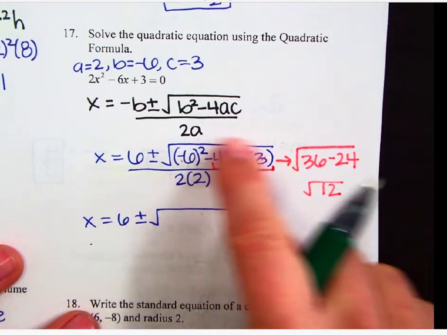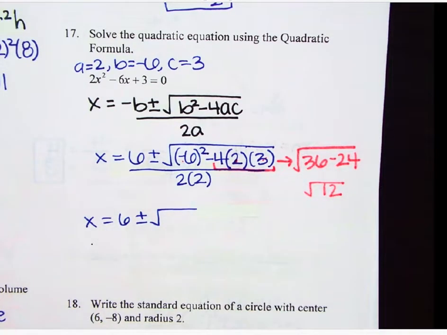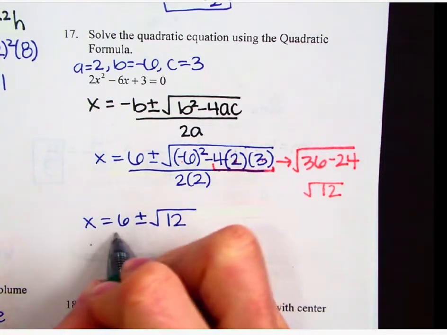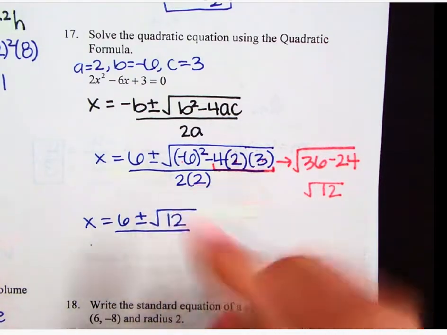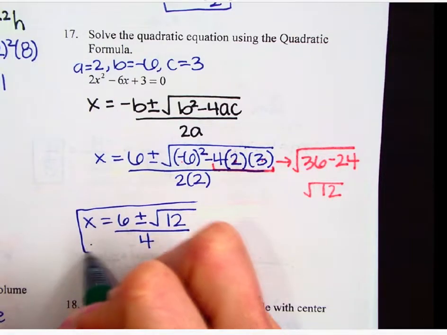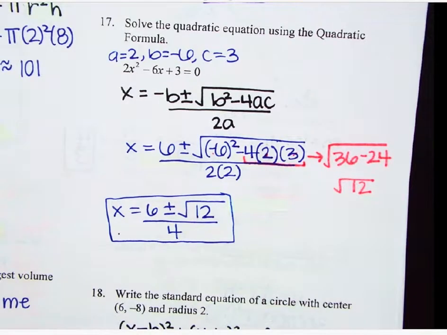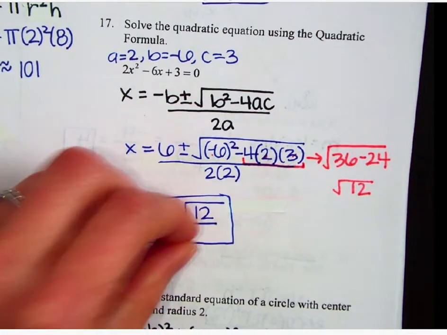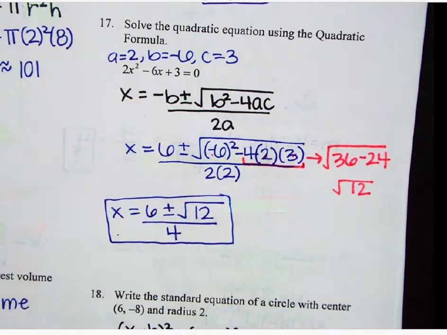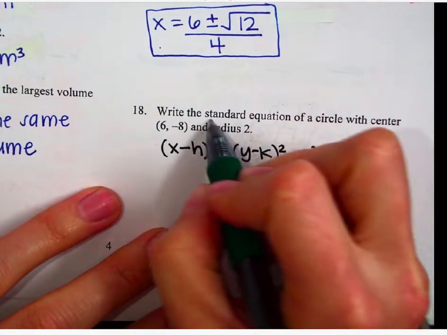So when I simplify everything in this square root, I end up with just the square root of 12. And we're dividing all of that by 2 times 2, that gives us 4. So for our class in geometry this year, it's okay to leave our answer like this. Next year in Algebra 2, we'll talk about how to simplify this and kind of what it means for a solution.